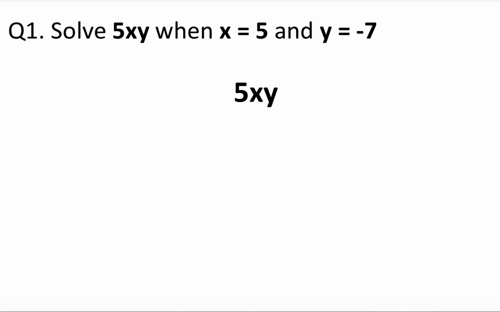So we've got 5 times x is 5 times y is minus 7. We might as well do it in two bits. So 5 times 5 is 25.